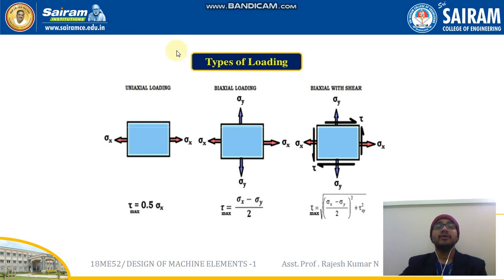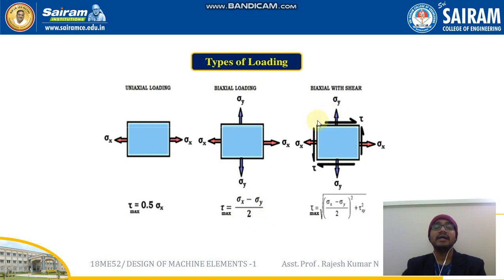From our discussion we come to know that we can classify loads into three major categories: uniaxial load, biaxial load and biaxial with shear load. Here I have shown the pictorial view of uniaxial loads, biaxial loads and biaxial with shear loads. The formulas we need to remember: for uniaxial, we always consider the x direction only, and the maximum shear is equal to half of the normal stress. For biaxial, the maximum shear is equal to sigma x minus sigma y divided by 2.